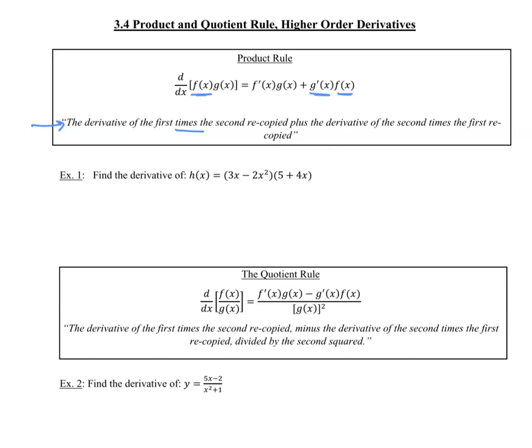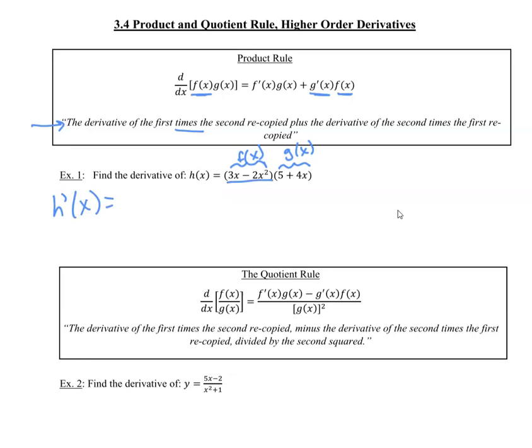So let me give you an example here. Look at number 1. They want you to find the derivative of h of x. So this is your function. Make sure you identify what's the first and what's the second. So your first, or your f of x, would be this function right here. Your second, or your g of x, would be this function right here. So to apply the product rule, and I'm going to say the words again, it's the derivative of the first.